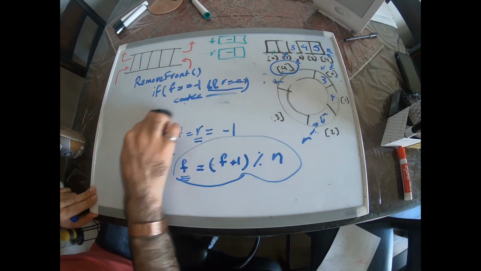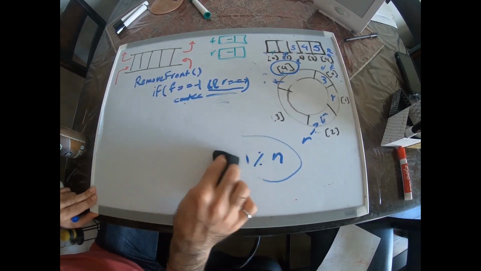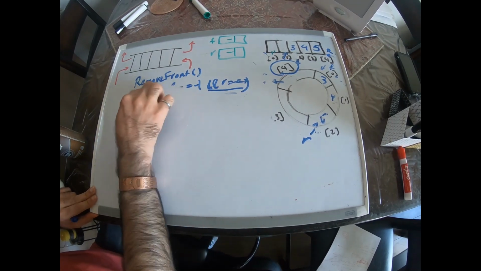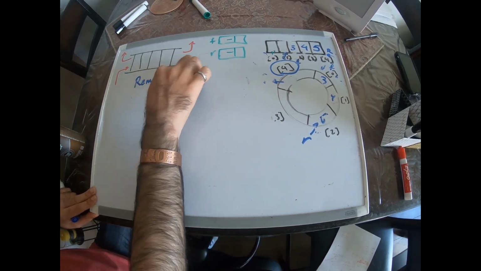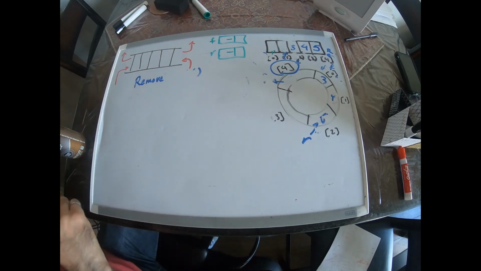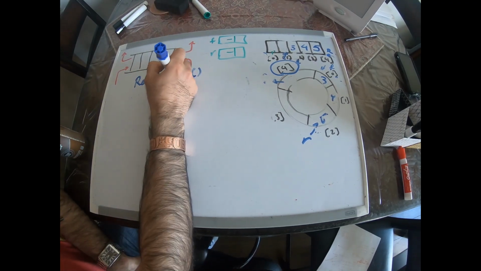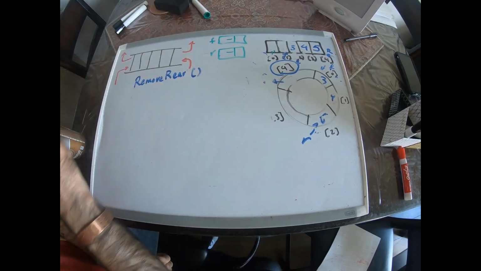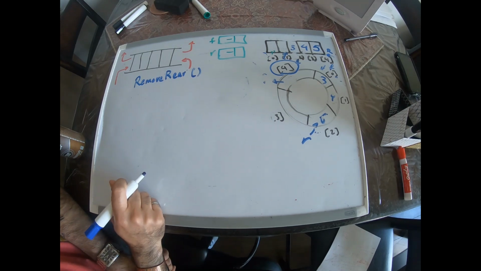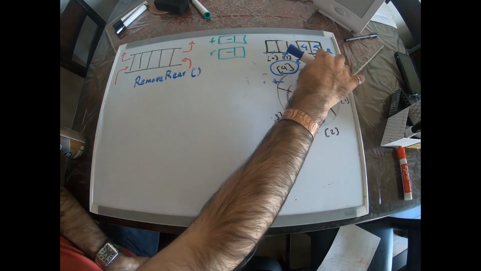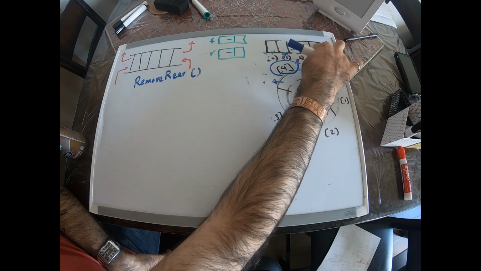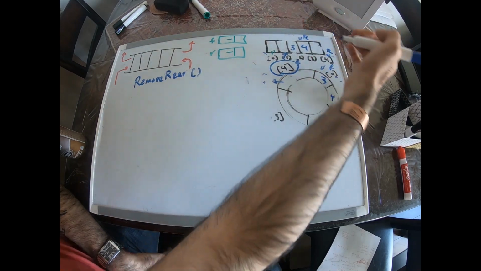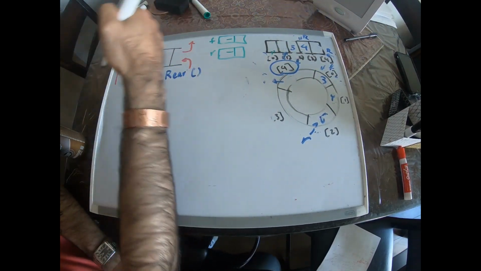Now let's implement the last operation: remove from the rear. If I want to remove from the rear, if I remove this one, it means that this becomes rear. So we want to move rear towards the left side.